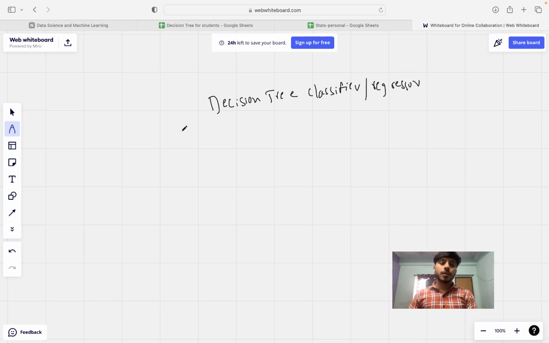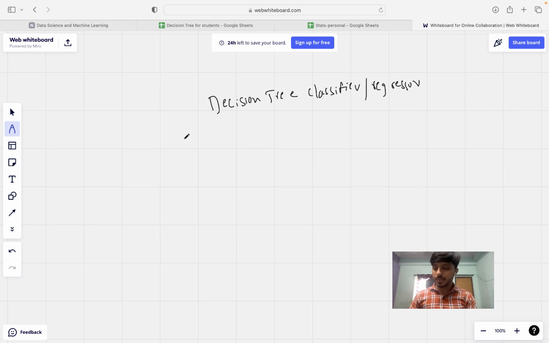We'll discuss what that is and how it works internally in a moment. Just like other supervised machine learning algorithms, as you know, supervised machine learning algorithms are those algorithms that are trained under supervision. In simple words, you need to have a target variable to train all these supervised machine learning algorithms.